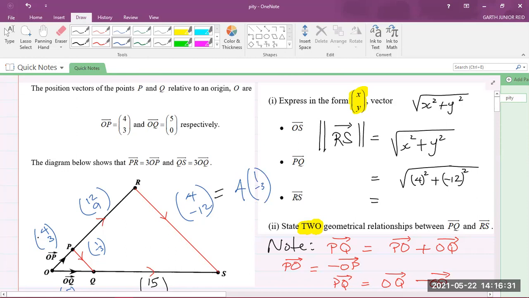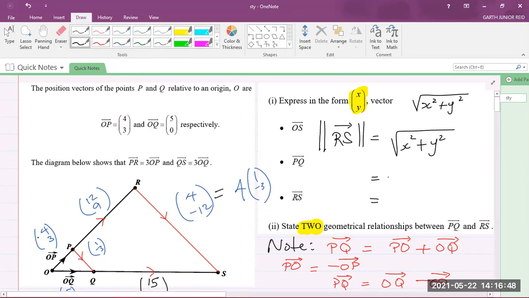So you can either work with the 4, -12, or the 4 times 1, -3. I'm going to work with the 4 times the 1, -3, just to make it a bit easier for you.